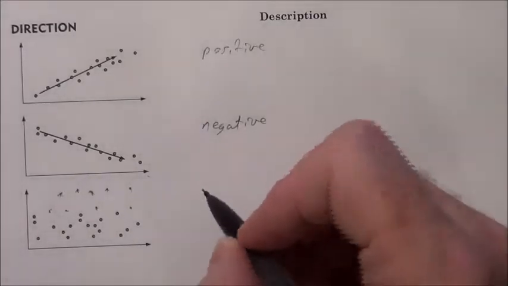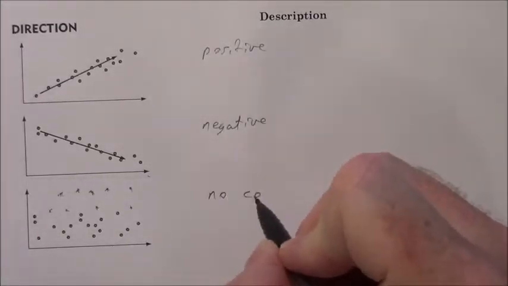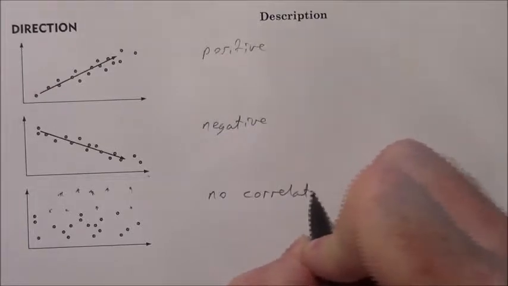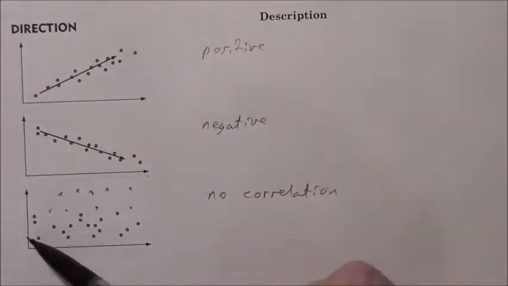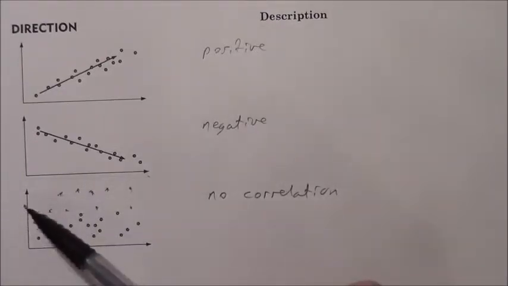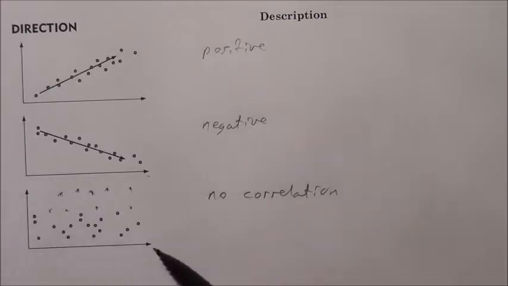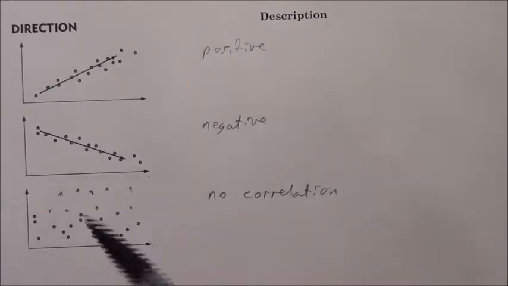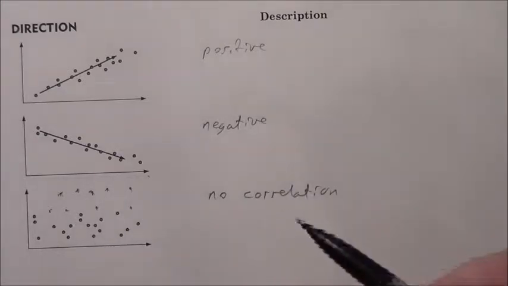So in this case there would be no correlation because it's hard to know: is the dependent variable increasing as the independent variable increases, or is it decreasing as the independent variable increases, or is there no relationship between the two? Okay, so in this case, there's no relationship.